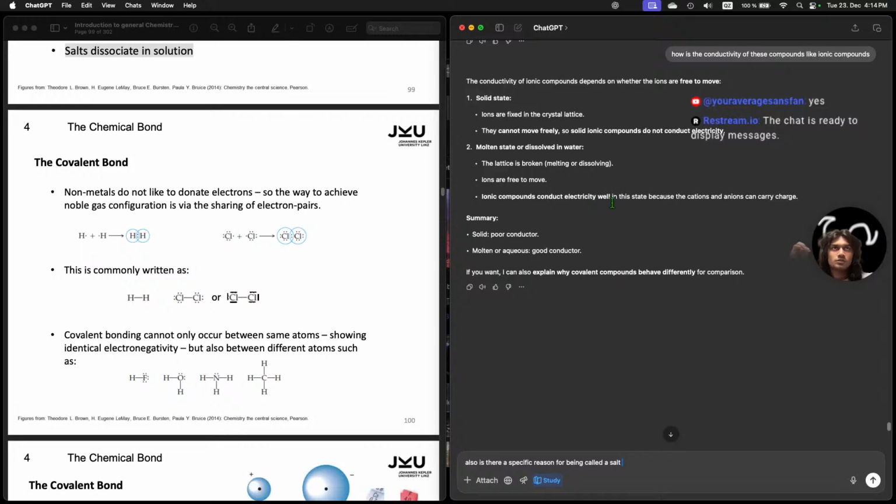Ionic compounds conduct electricity well in this state because the cations and anions can carry charge.